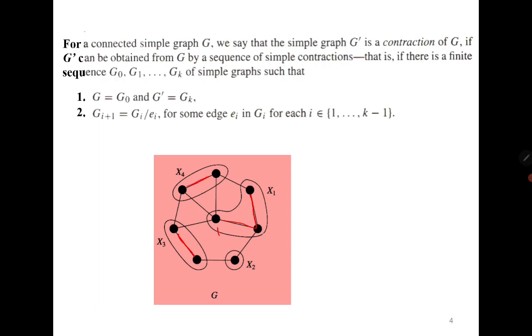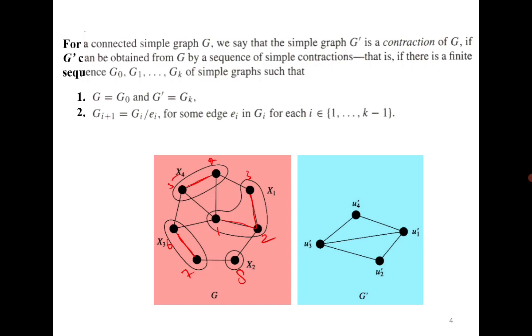Again, you can give some numbering if you want, 1, 2, 3, 4, 5, then 6, then 7, and then 8. And remember that the contraction should be simple. So if 6 and 7 can be contracted, then 8 would be adjacent to 6, and if you try it by yourself, then it comes out to be a very simple graph which looks like this.